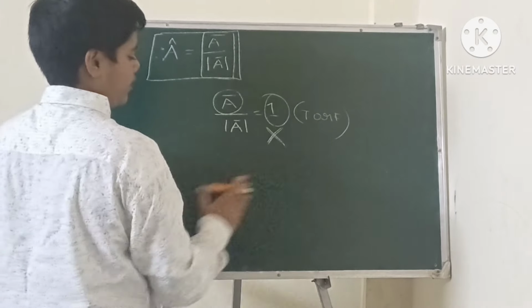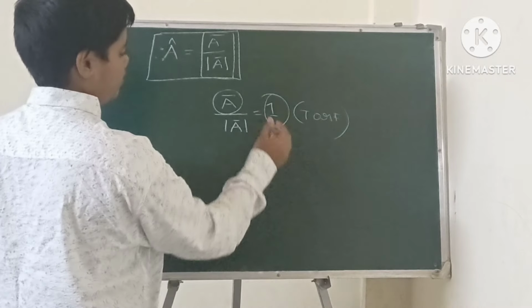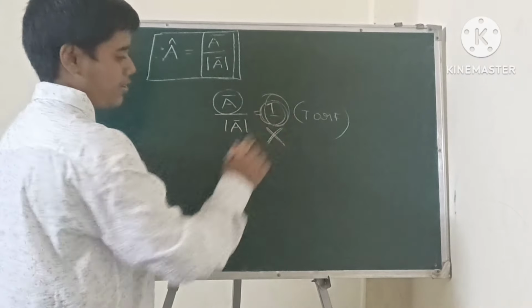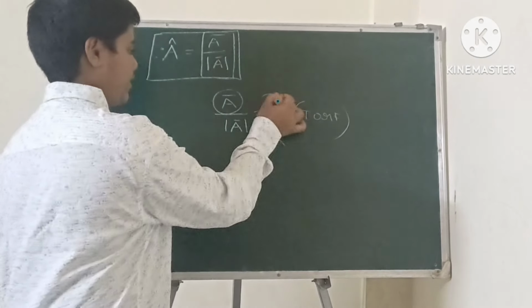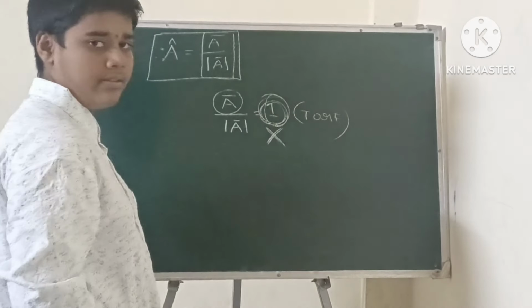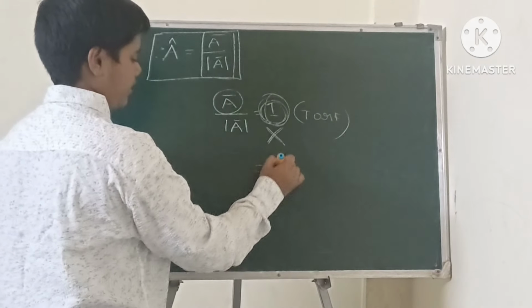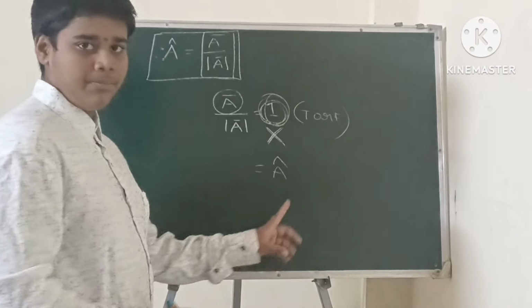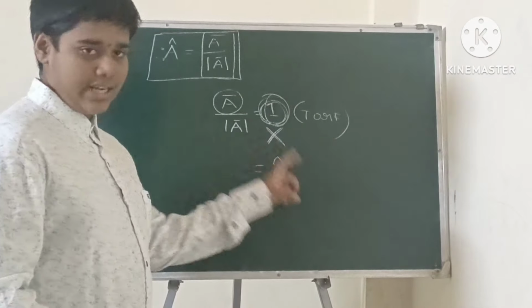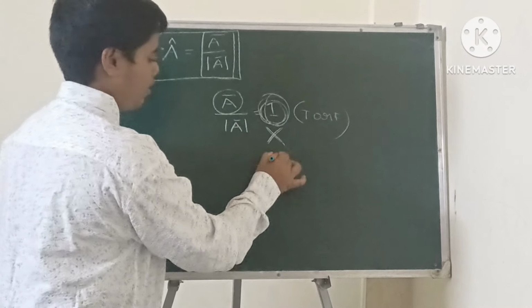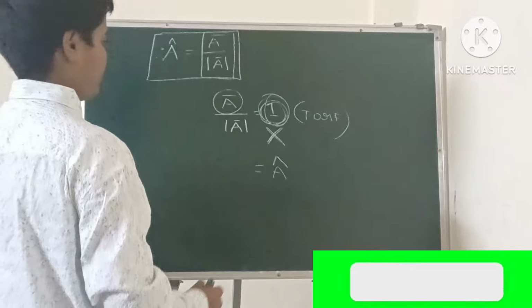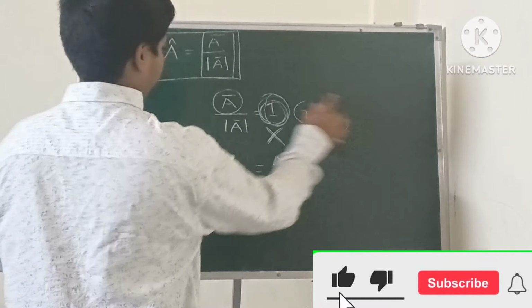And here you may get a doubt: if A bar by mod A bar equals 1 is wrong, then what is its value? We have to say that A bar by mod A bar is only A cap. We should mention A cap, or A hat. Okay? So this is a very important formula.